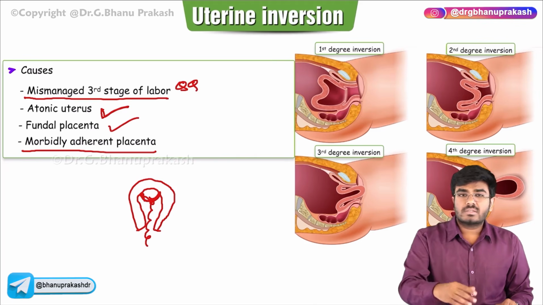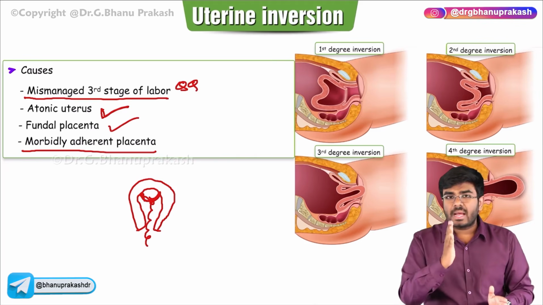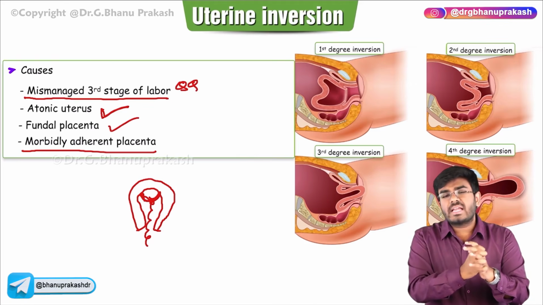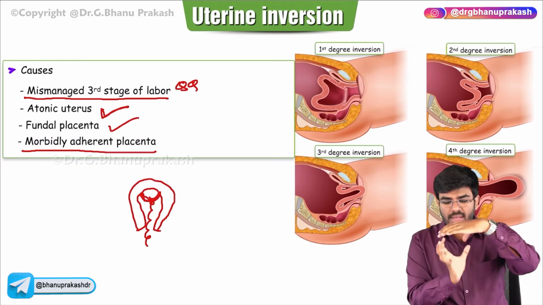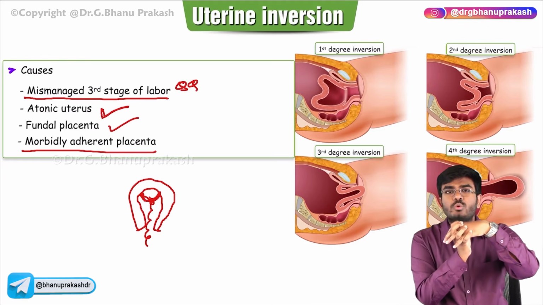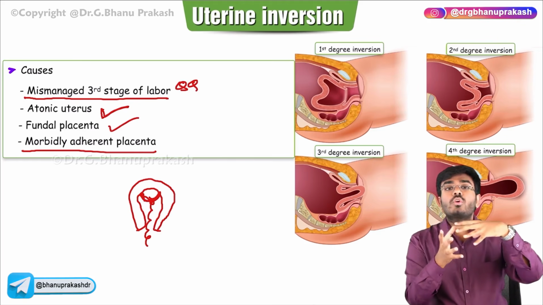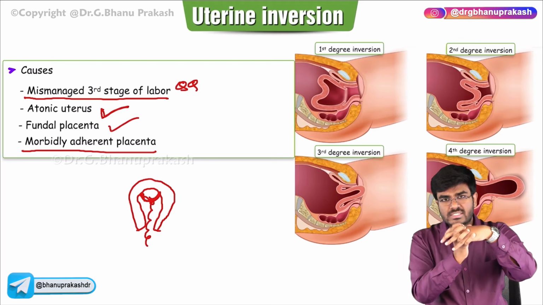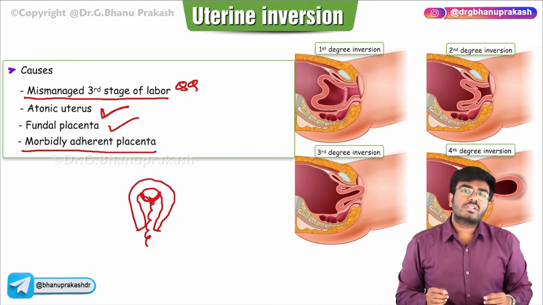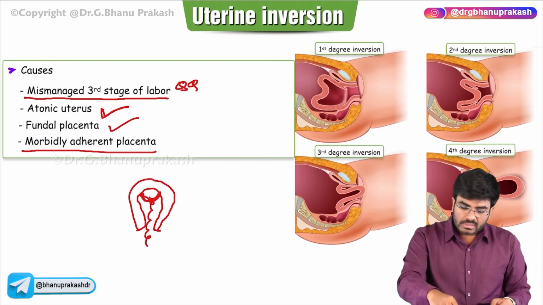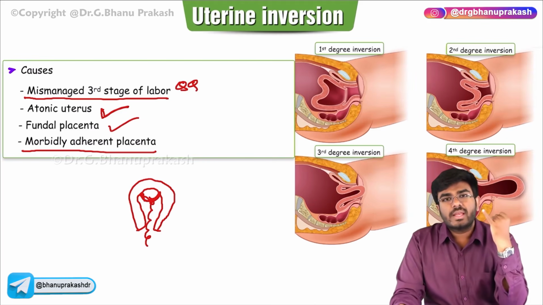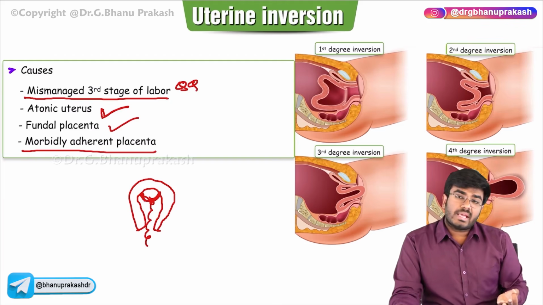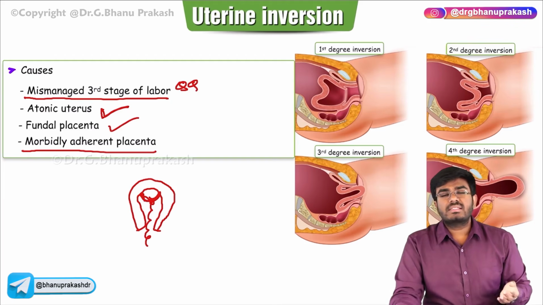We have already seen placenta accreta, increta, percreta, where the placenta is too tightly attached to the uterine wall. Without knowing what you are doing, you try to give traction on the cord. Whenever you do such things, there will be inversion of the uterus. So, what are the causes of uterine inversion, guys? Mismanaged third stage of labor, atonic uterus, morbid adherent placenta, fundal placenta; they are all risk factors.